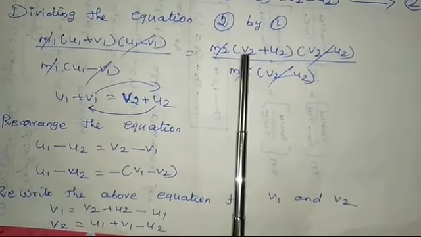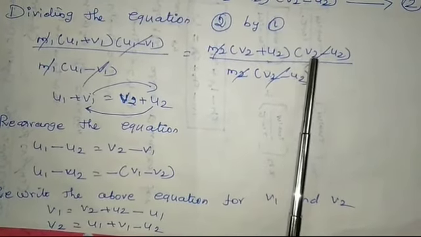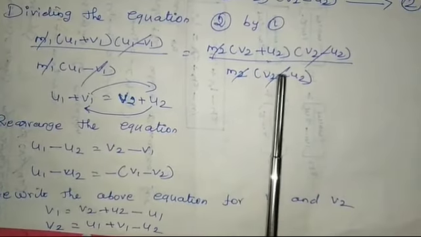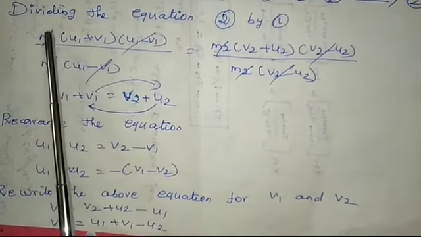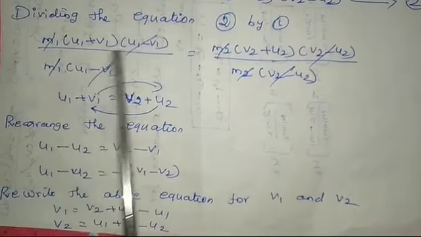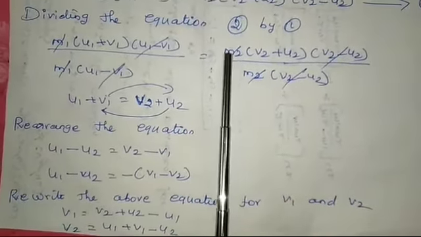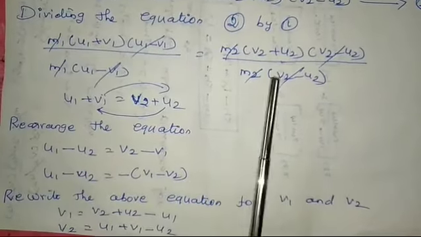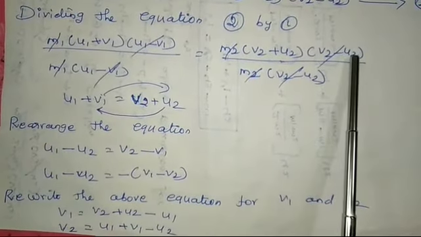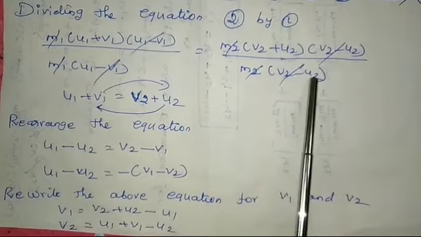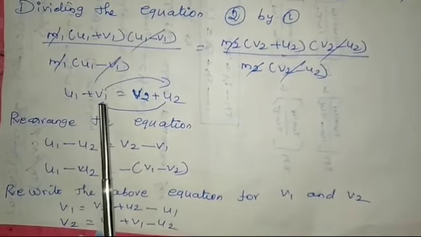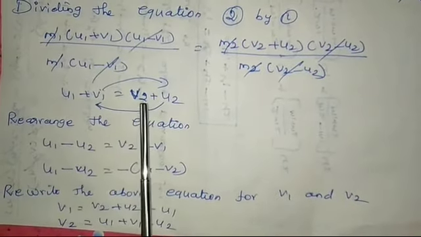Here m2 into v2 plus u2 into v2 minus u2, by m2 into v2 minus u2. So m1 common, so cancelled. u1 minus v1 is common, this also cancelled. Here m2 common, cancelled. v2 minus u2 by v2 minus u2 cancelled. So remaining u1 plus v1 is equal to v2 plus u2.